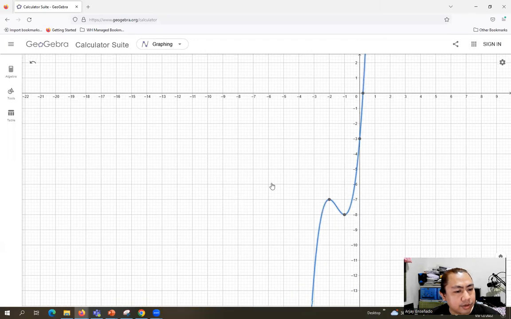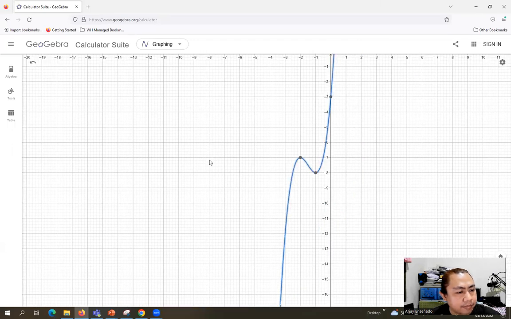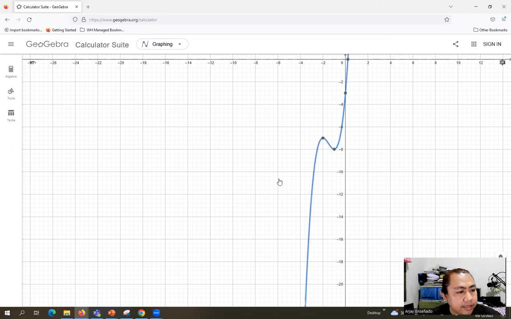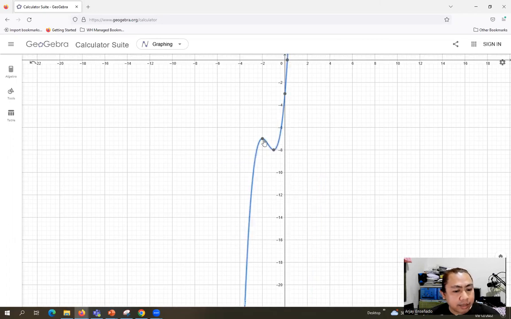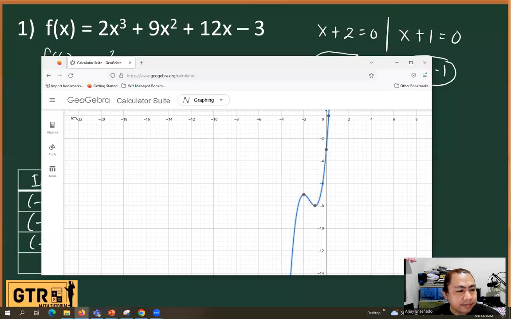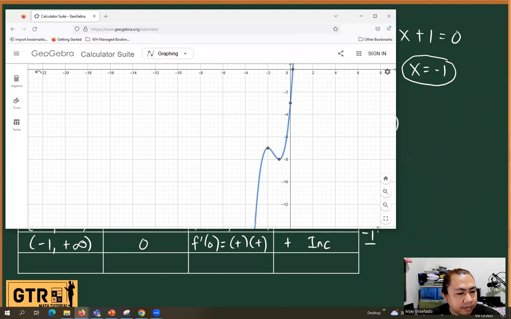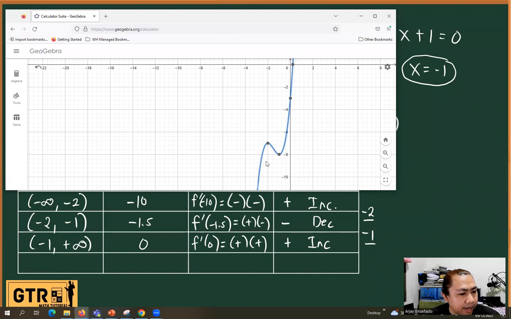Okay, kita natin sa graph: negative infinity up to negative 2 is increasing. Tingnan natin sa answer natin. Yeah, so we have negative infinity up to negative 2 increasing, pataas siya. And then negative 2 to negative 1 is decreasing. And then negative 1 to positive infinity is increasing. Okay? So na-verify na natin na tama yung answer natin.